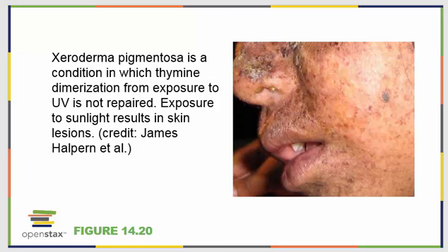They're not repaired because of a defect in the nucleotide excision repair enzymes, whereas in normal individuals, as I mentioned, the dimers are just excised and the defect is corrected. The thymine dimers distort the structure of the DNA double helix, and this may cause problems during DNA replication. People with xeroderma pigmentosum have a much higher risk of contracting skin cancer than those who don't have the condition.